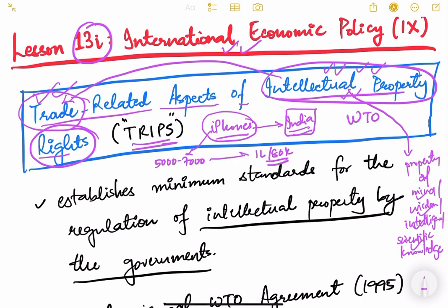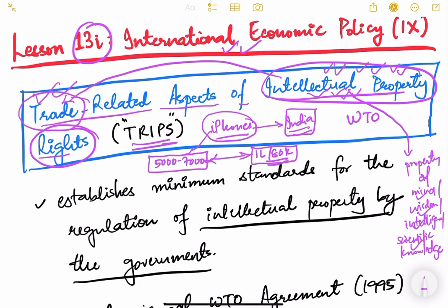So why is there such a difference between the physical cost of the components and the actual selling price? Because there is a huge premium involved here of the intellectual property of the Apple company. Okay, so whenever exports and imports happen, it is very important that intellectual property is protected.